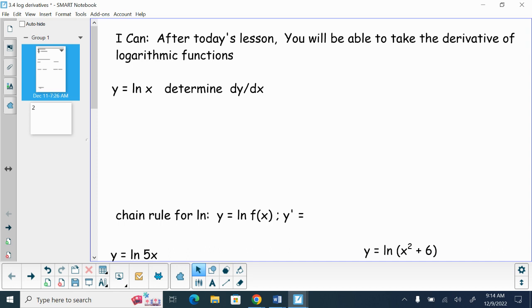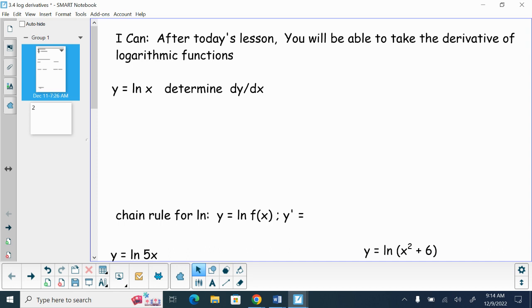We want to determine dy dx for the ln of x. Let's start out with that one there. How do we determine that? Well, if we would go limits as t is approaching x of ln of t minus ln of x over t minus x, doesn't help us out too much.